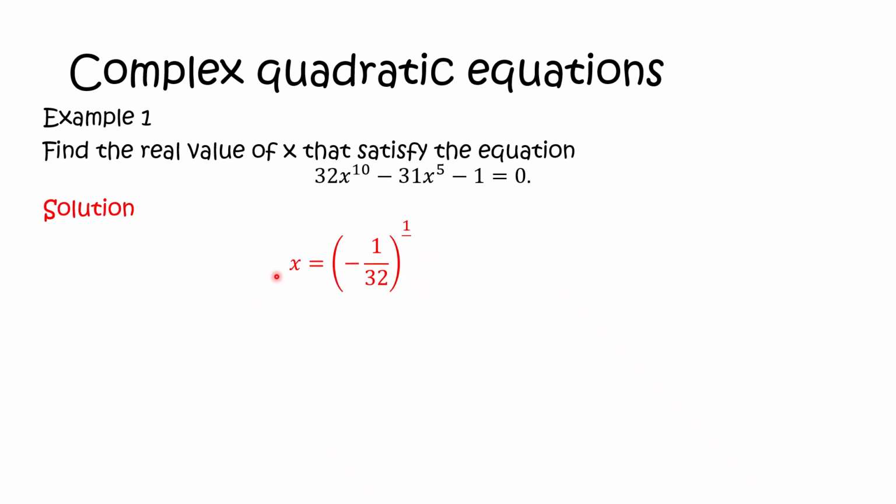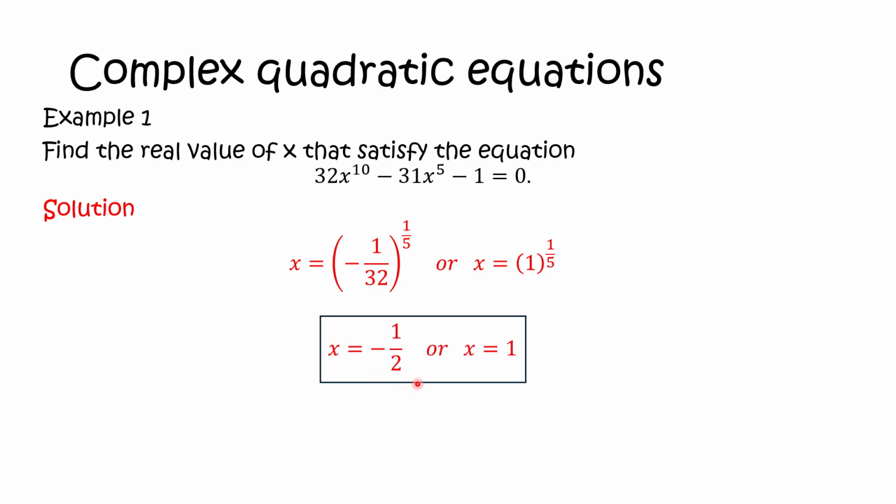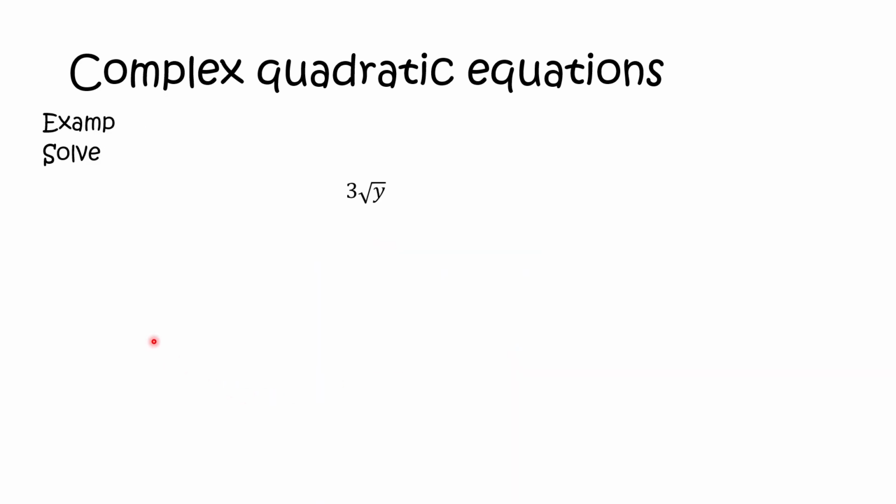Then that is solved by introducing the fifth root on both sides, so that we have x being the fifth root of minus 1 over 32, giving us minus a half, or x is equal to 1.